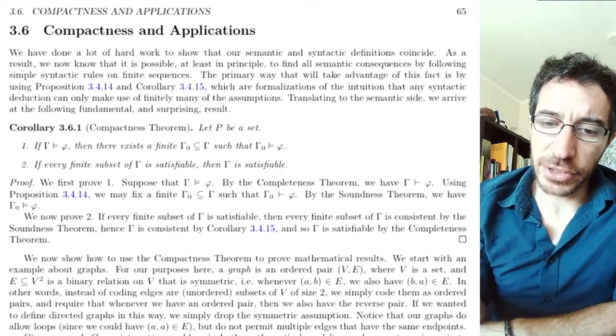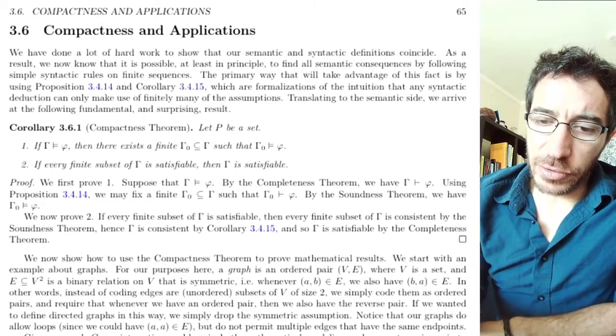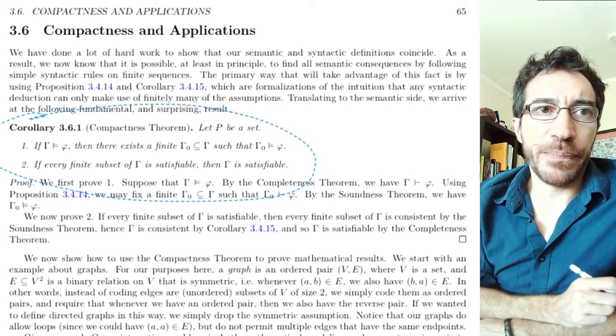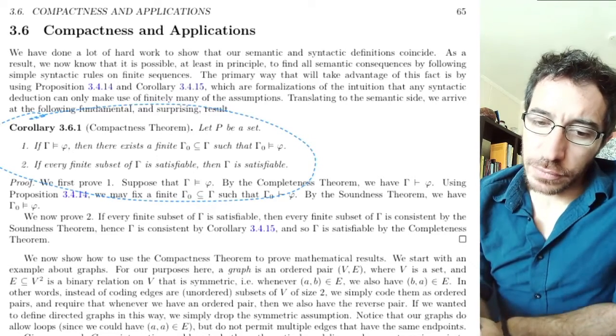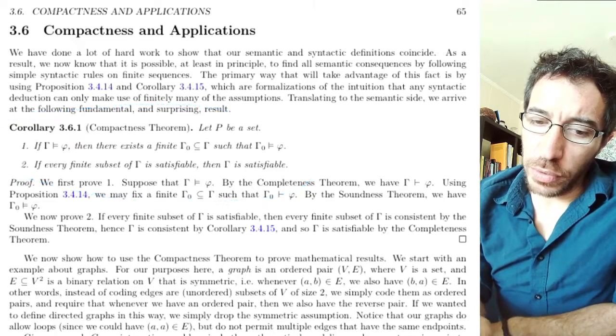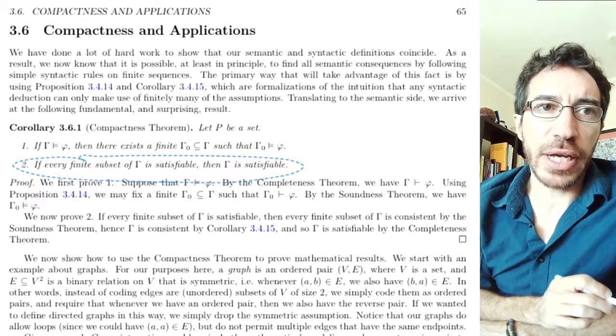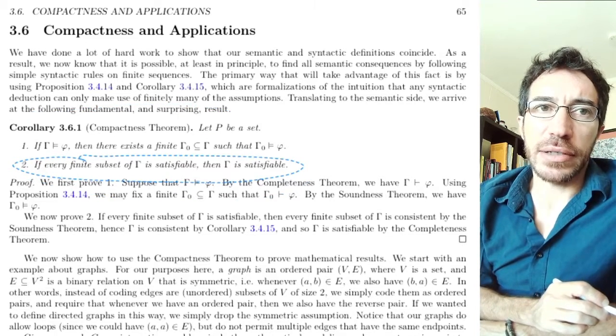Okay, and the compactness theorem is right there, and it says that the main way that we saw already is that if every finite subset of gamma is satisfiable, then gamma is satisfiable.